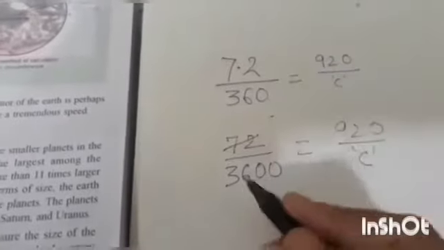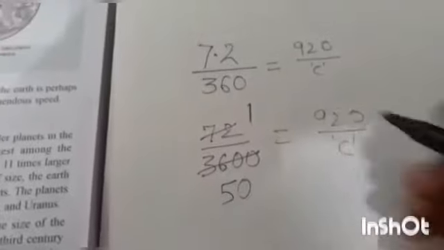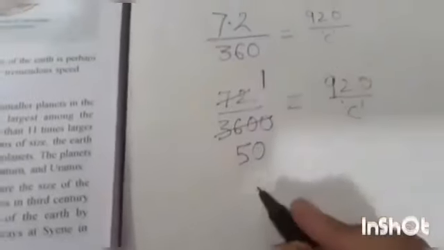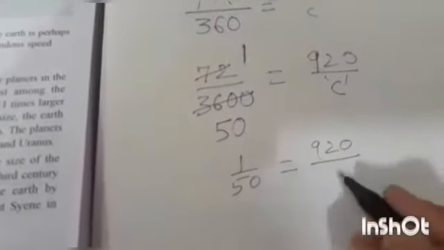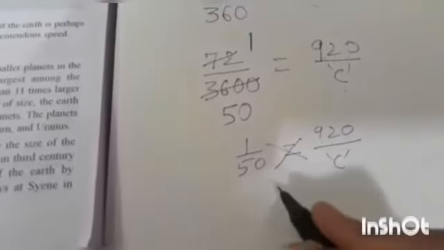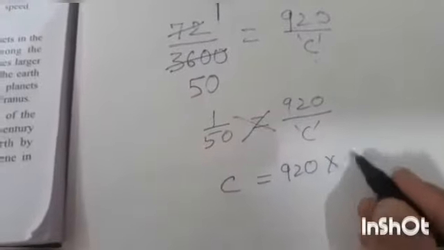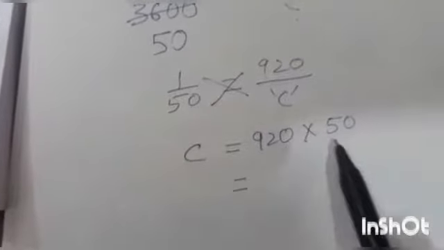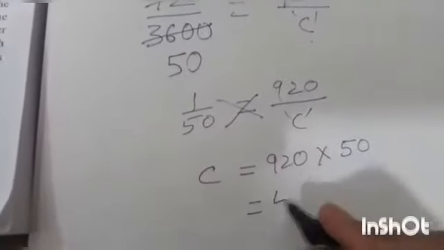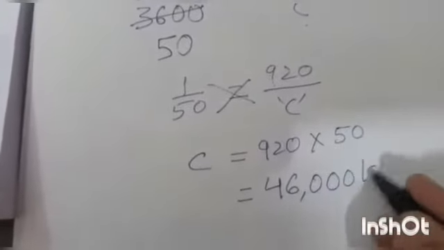Now you just cut it: 72 once is 72, 72 five times is 360, so 1 upon 50 equals 920 upon C. So C, the circumference of the Earth, equals 920 into 50. If we multiply 920 with 50, we get 46,000 kilometers.